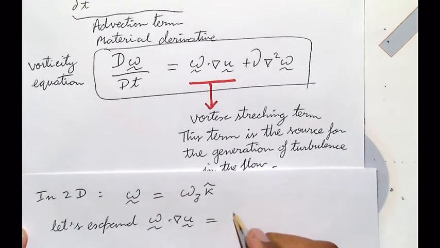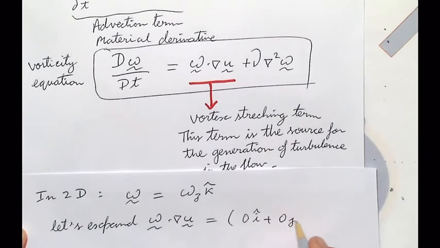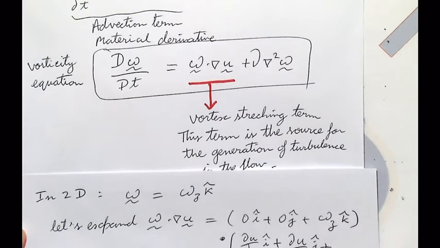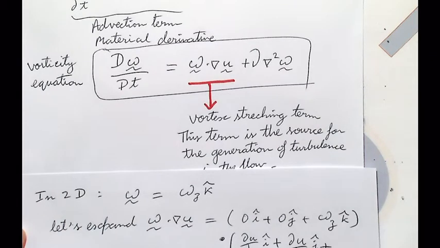If we just write it, this is 0i plus 0j plus omega_z k, dotted with ∂u/∂x i plus ∂u/∂y j plus ∂w/∂z. Wait a minute, what am I doing?